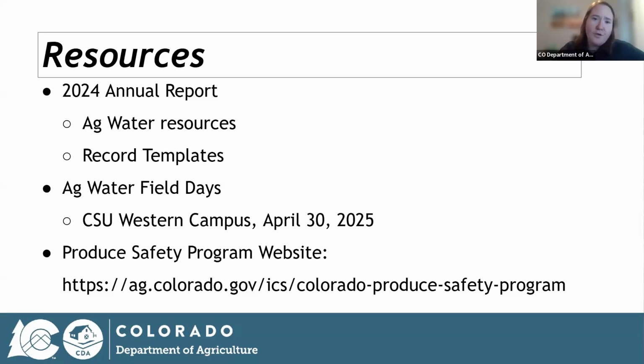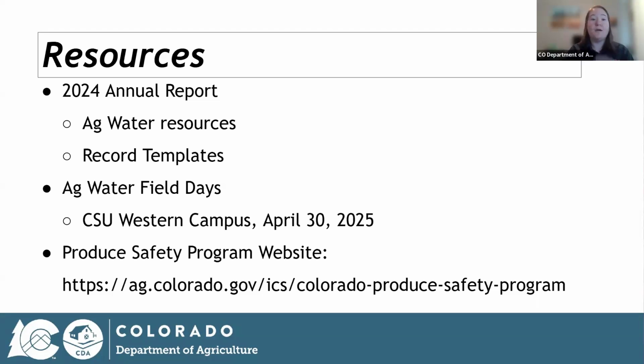So if you did not pick up a paper copy, I'd be happy to mail one to you. Just let me know. It does have those record templates for that ag water system, right? For that record, but then also any other records that are required under the produce safety rule. So that is super handy to have.